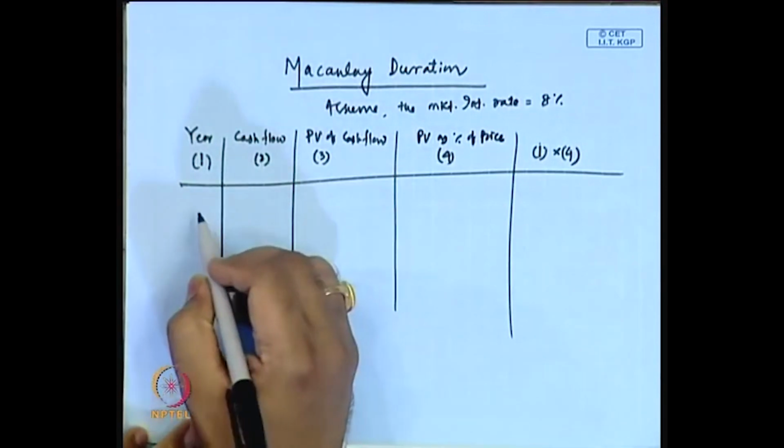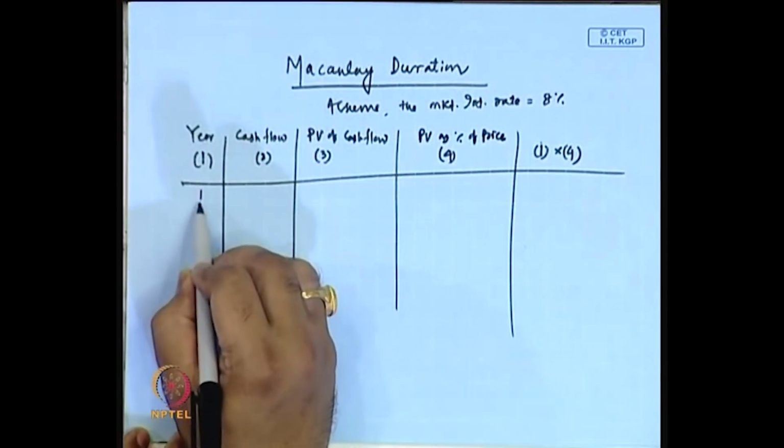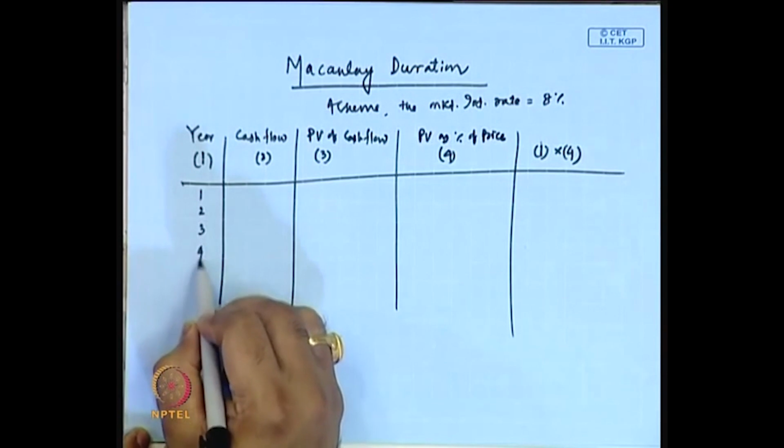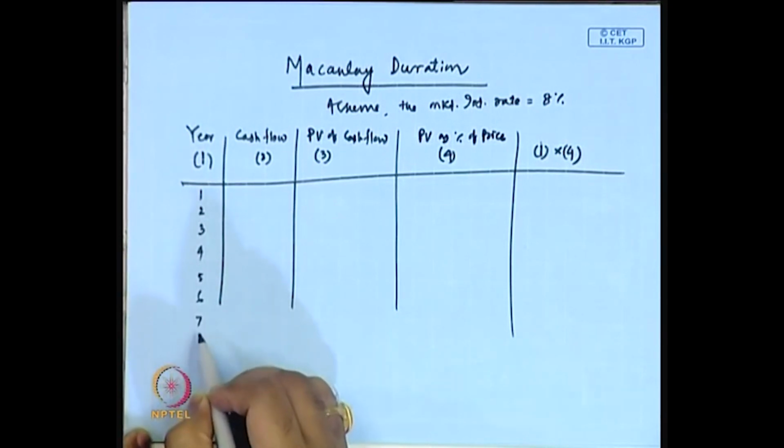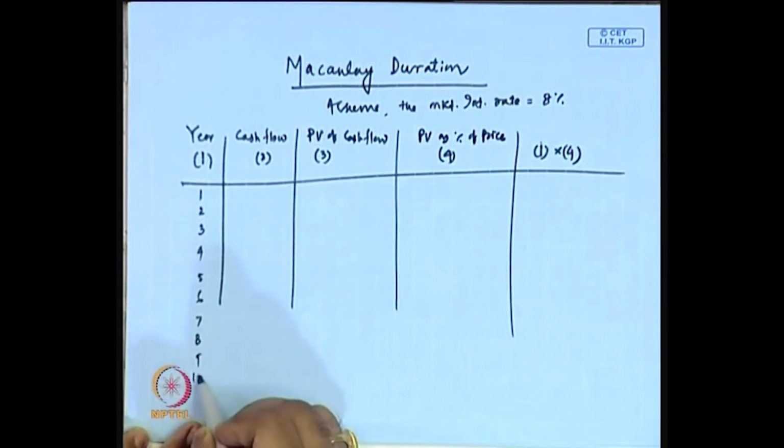What it basically shows: let there be a 10 years term to maturity, 1, 2, 3, 4, 5, 6, 7, 8, 9, 10.